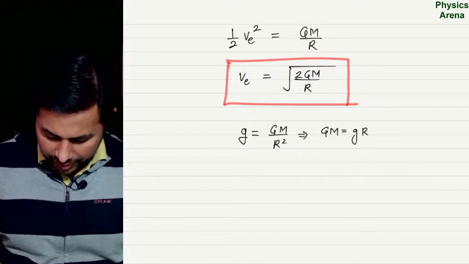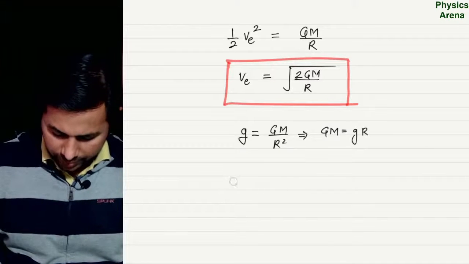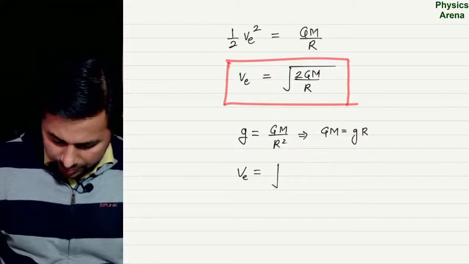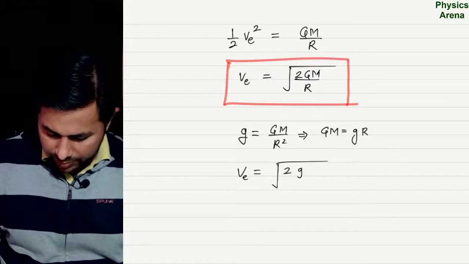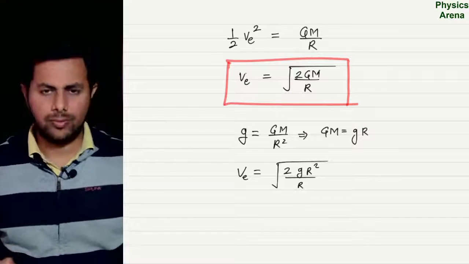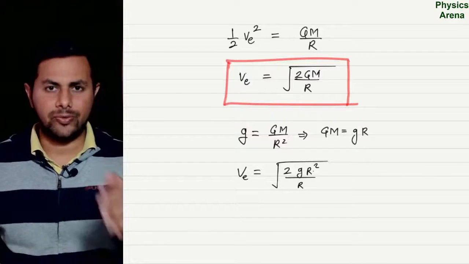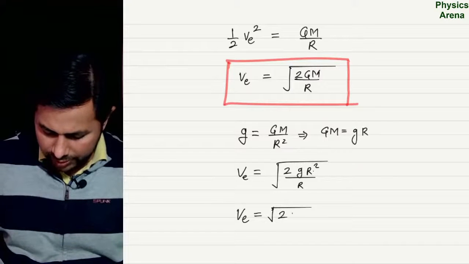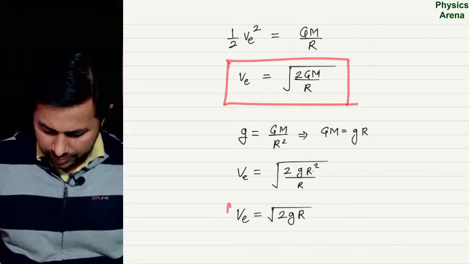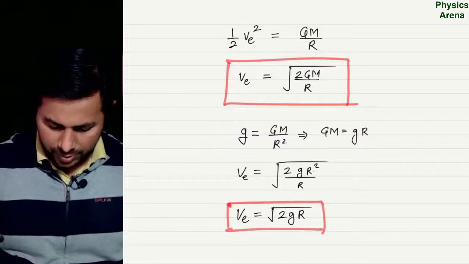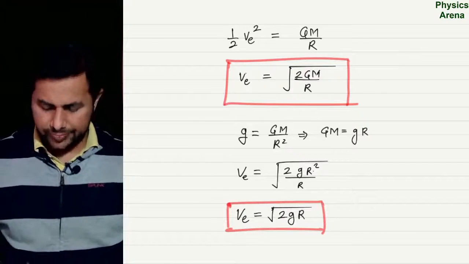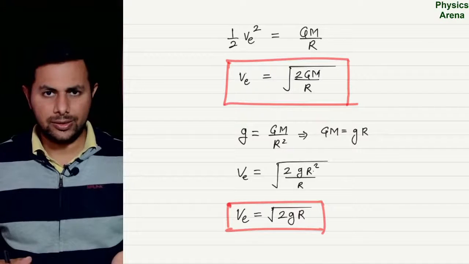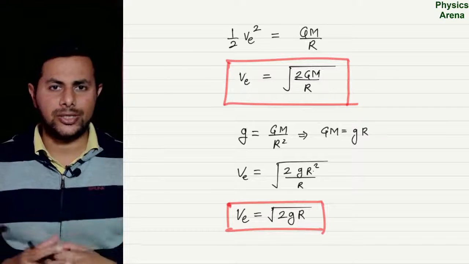So you get v suffix e equals the square root of 2 times gR squared divided by R. The square will get cancelled out with R, and you get another, alternate formula, square root of 2gR, with capital R. This is the velocity with which you should throw an object such that it escapes Earth's gravitational bounds.